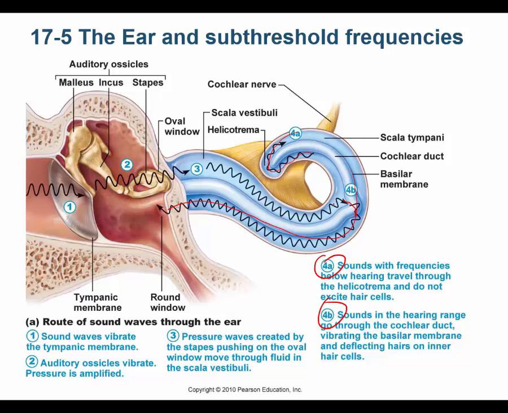But sound waves that have enough energy to bend the basilar membrane travel through my cochlear duct and bend the basilar membrane. The hairs bend and fire. So the sound waves have to have enough energy to travel through here. And if it travels through here, you're hearing high frequencies, middle of the road frequencies, low frequencies. The ones that go around the helicotrema, you don't hear at all. All right? So that's that.